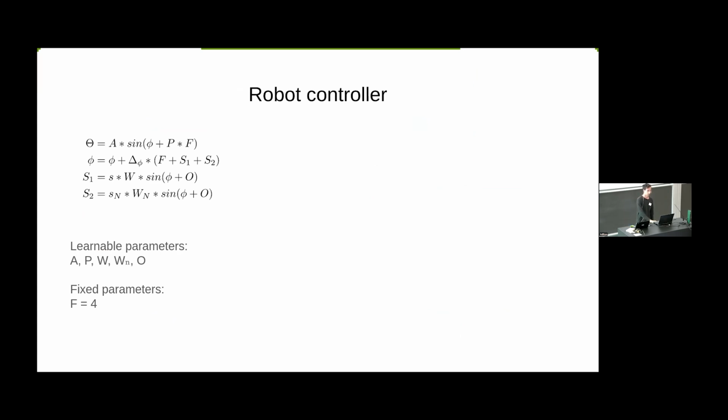And there are 5 learnable parameters. One is the amplitude of the sine wave. One is the phase offset. And you have 2 weights for the touch sensors. One is if its own touch sensor touches the ground. The other is if a neighbor touch sensor touches the ground. And a phase offset for this touch sensor.